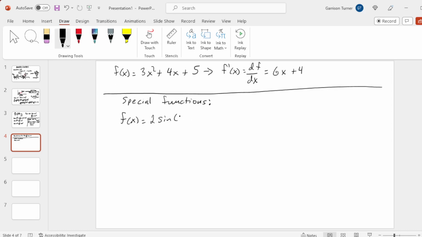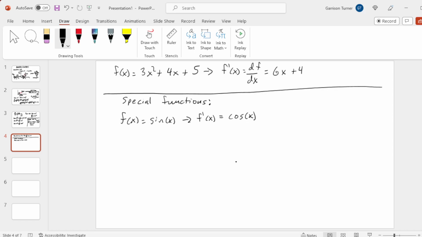We'll just leave this as x. And as a matter of fact, let's leave this coefficient out front. Let's just make this sine x. Okay, if I have sine of x, then the derivative of that is going to be cosine of x.